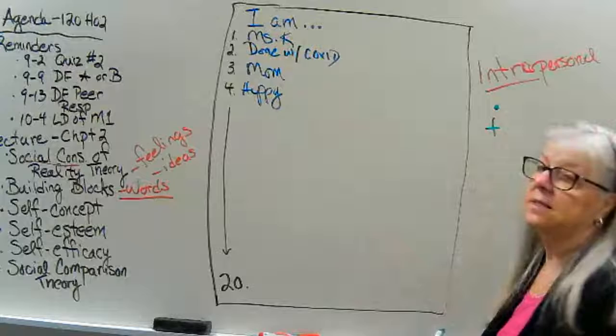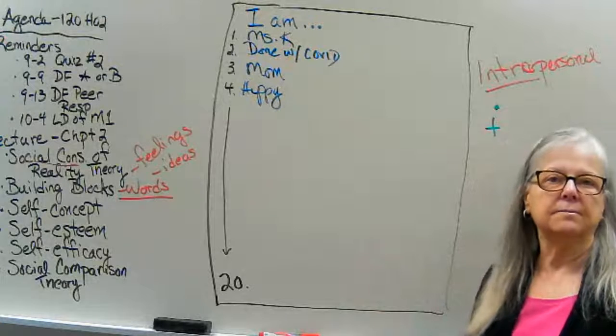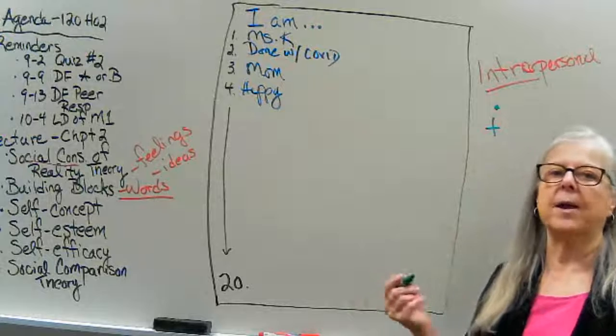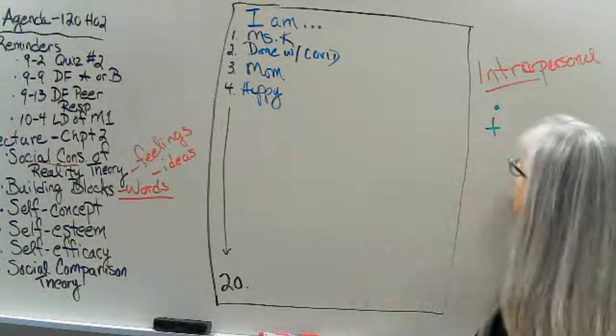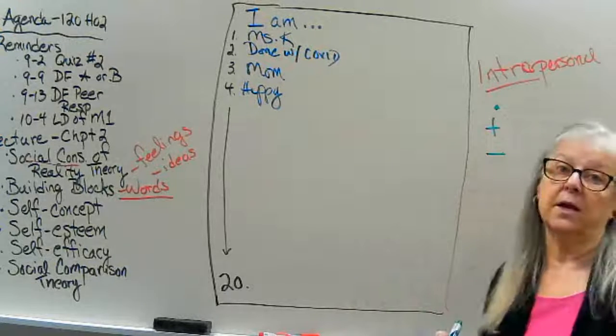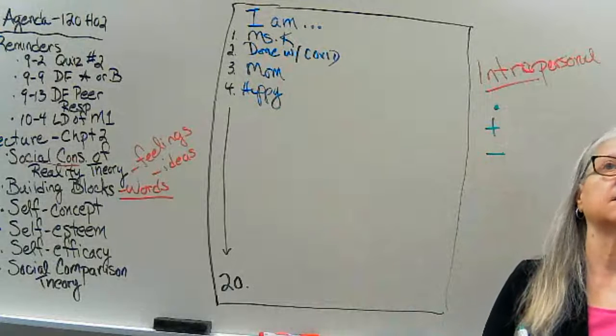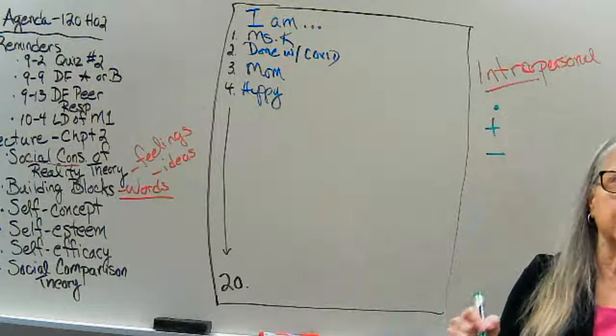Or a plus that says, oh yeah, this is good. I like this about me, or I like the way I'm feeling, or this is a good time in my life, or whatever. And then you're going to put a negative next to any of the items that you've listed that are like, this is just not good, right?